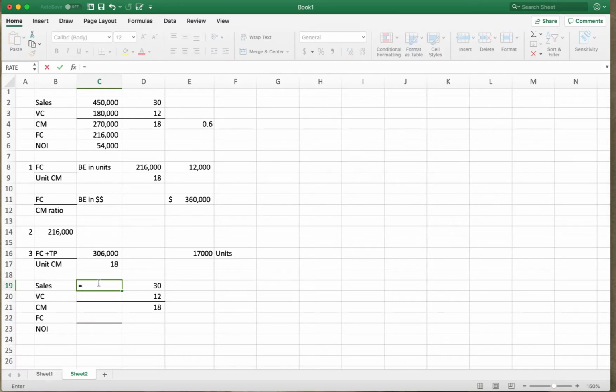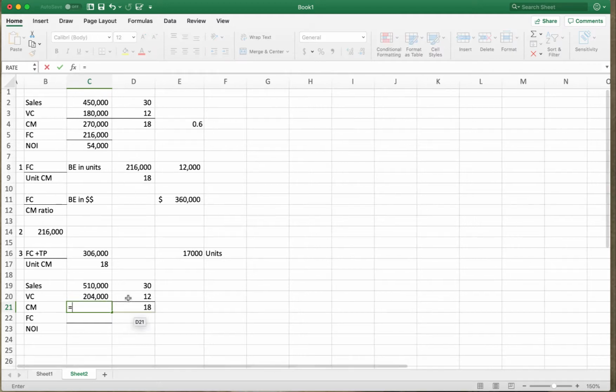So I'm going to take my 17,000 units and I'm going to multiply it by my $30 selling price. Next, I'm going to take my 17,000 units and multiply it by my variable cost per unit of $12. I get 204,000 bucks. Now, to figure out the contribution margin, I could do one of two things.